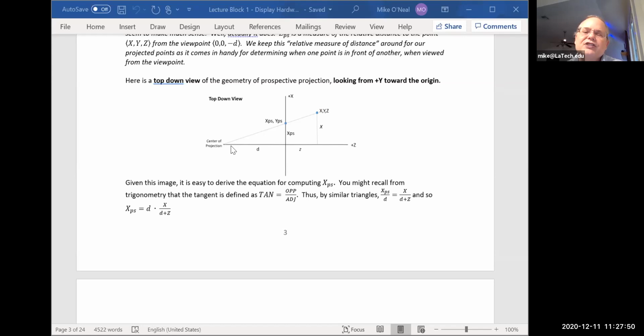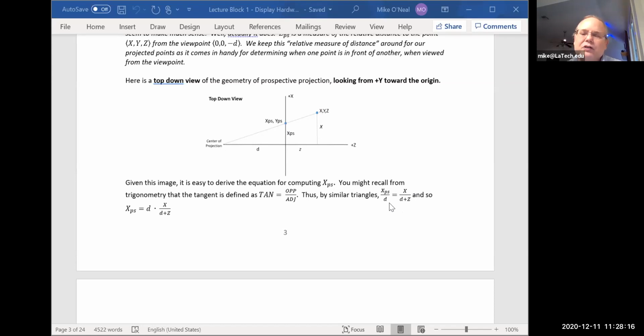And so because of similar triangles, because of essentially the tangent function, which is the opposite, which in this case is X, the X dimension, over the adjacent, which is essentially D plus Z, right? X over D plus Z must be the same as X perspective projection over D. So that's where this comes from.